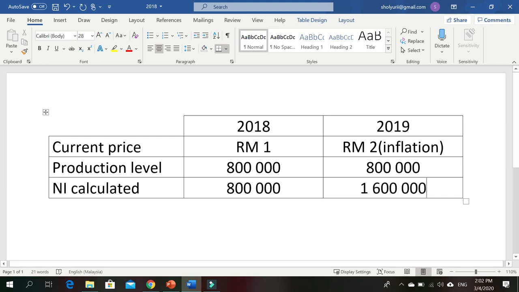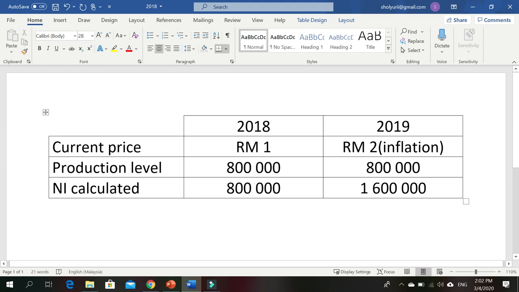So dari segi roughly, secara kasar je, kalau kita tak tengok dari segi real, dari segi nominal lah ni yang dapat 800,000 dengan 1,600,000 ni, you akan kata, in 2019, Malaysia is performing well.